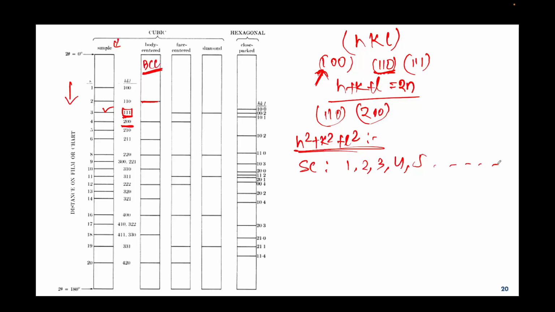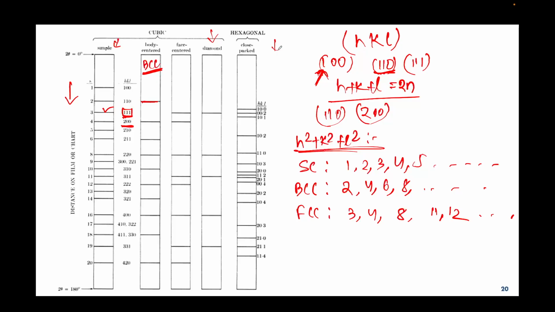For BCC, h square plus k square plus l square will be 2, 4, 6, 8 in this manner. For FCC, the values will come in terms of 3, 4, 8, 11, 12 in this manner. Okay, same for diamond also, same for hexagonal also. We do all these things.